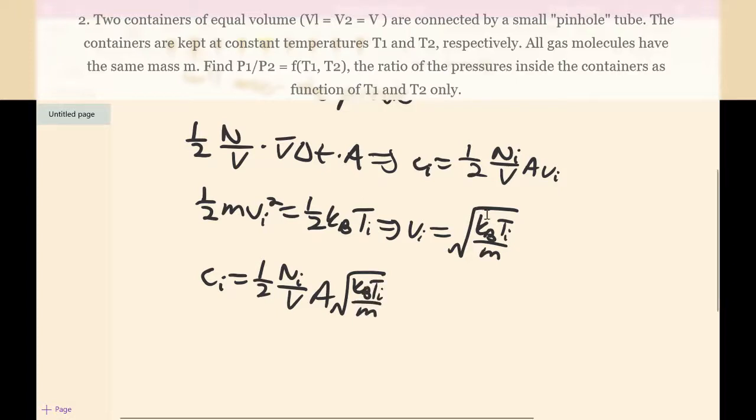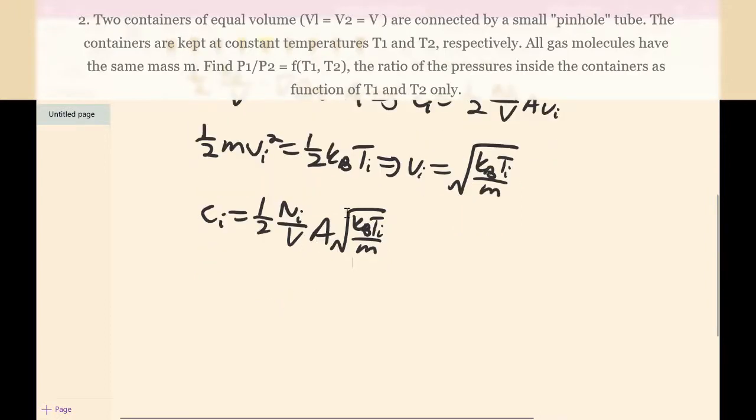Now this Ni over V, we don't really have a way to find P1 over P2 yet, because pressure doesn't appear here. But we can recognize from the ideal gas law that Ni over V is just equal to Pi over kB Ti.